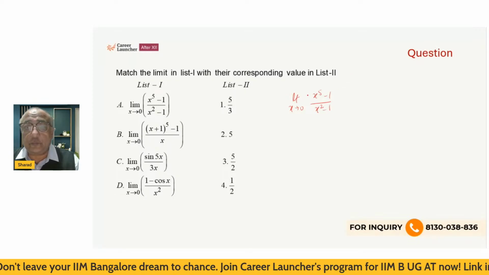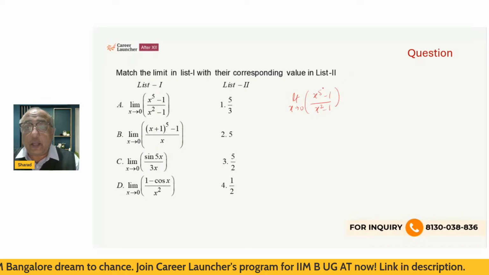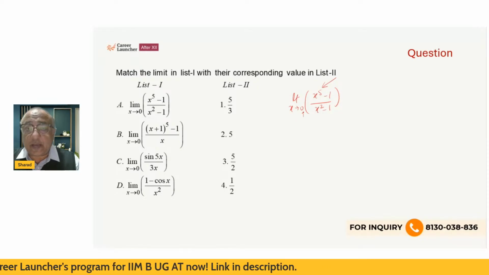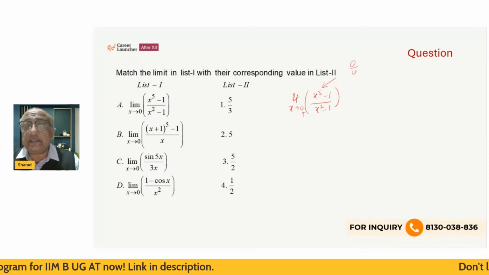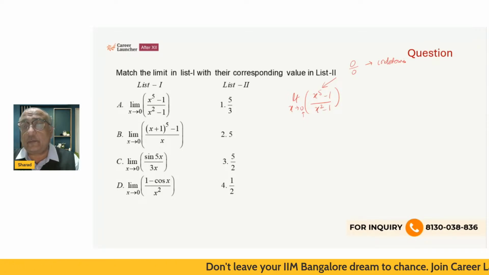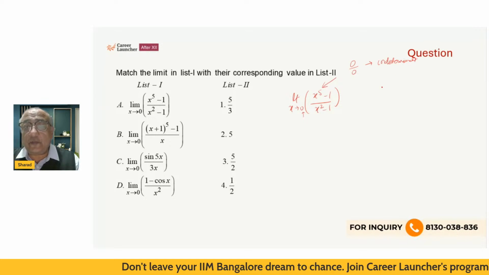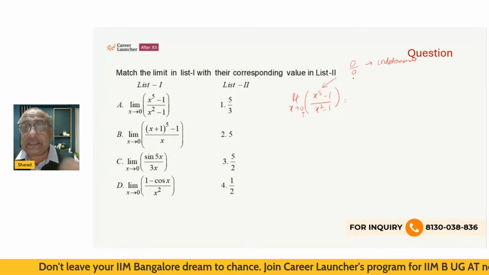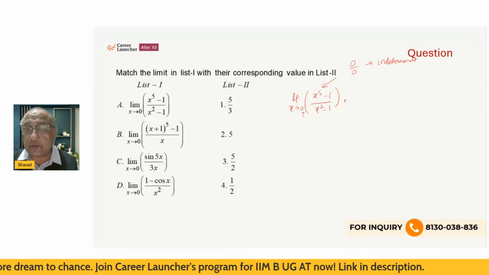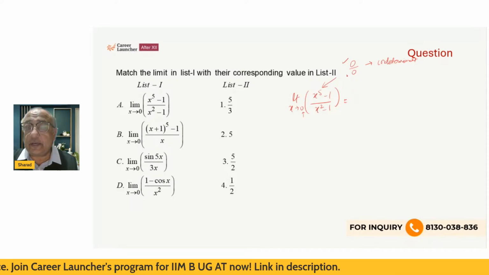Whenever you have to evaluate a limit, in this put 0, this tending to 0, this part you put here, you will get 0 by 0. So this means it is an indeterminate form. What is this form? Indeterminate form, right? So one of the methods to solve this question is do something so that one of the 0 vanishes from this here or here.